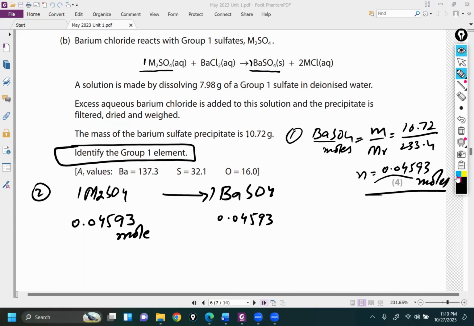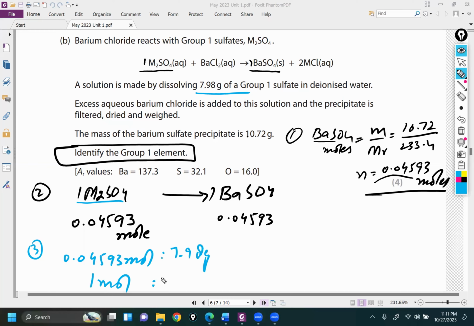Now, in the next section, you can say part 3, 0.04593 moles of this M2SO4, its mass is equal to 7.98 gram. So what will be the mass of 1 mole?